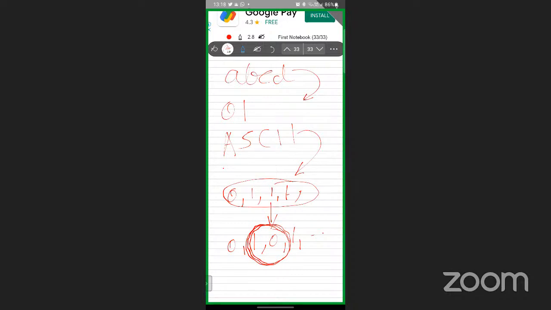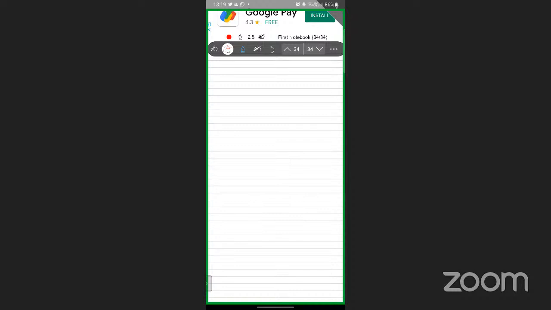To correct those errors, I have to structure this message. And one of the ways to structure it is I put them as codes.